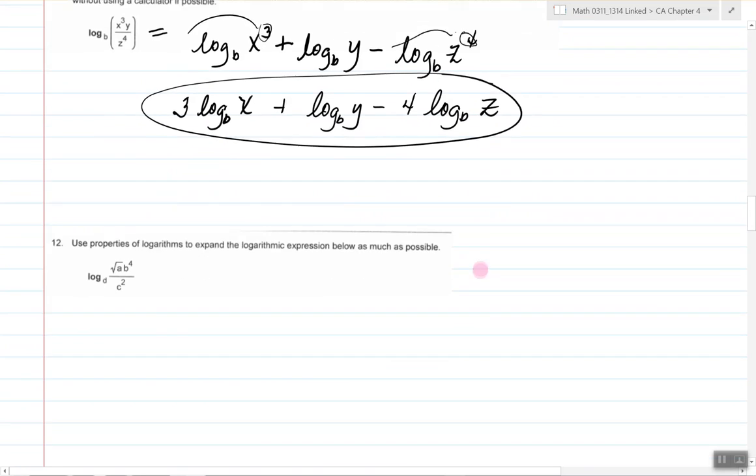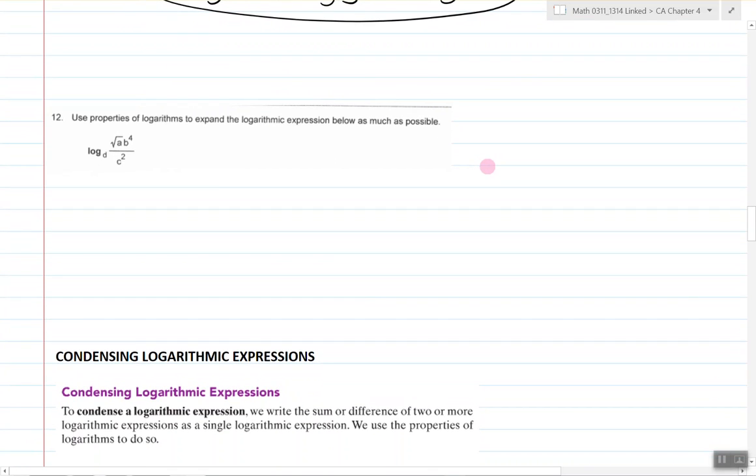Next one. When you see a square root or any other root, change it to a fractional exponent. So I'm going to remind you that the square root of a is a to the 1/2. So this is log base d of a to the 1/2 b to the 4th over c to the 2nd.